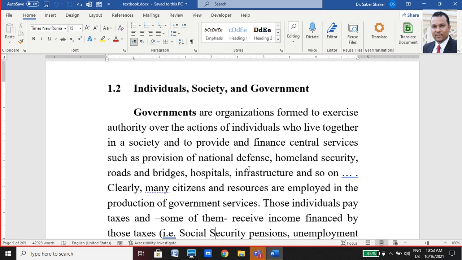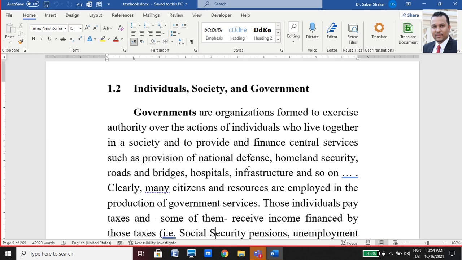So examples of government services may be national defense, police service, public health or public hospitals, and public education. For all these services, we talk about how to finance the cost to provide public services or public goods and services. This is the main problem for all nations.